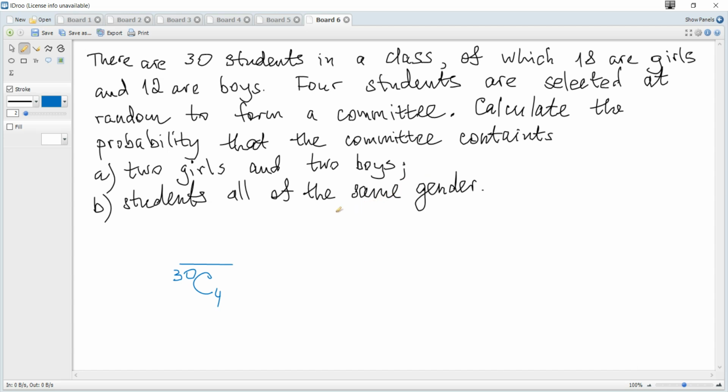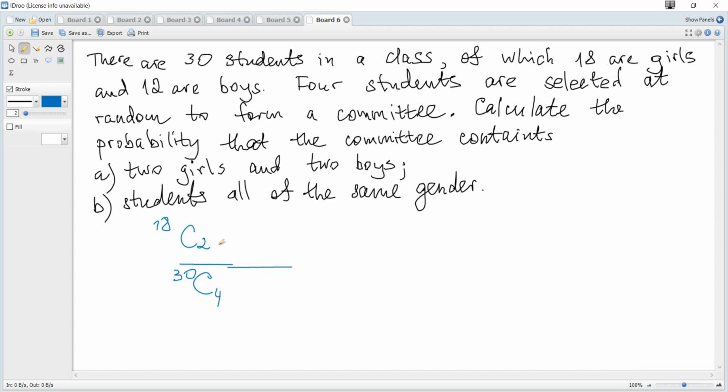And what do we need? We need 2 girls and 2 boys. Number of ways to choose 2 girls out of 18. It's also combinations 2 out of 18. And 2 boys.